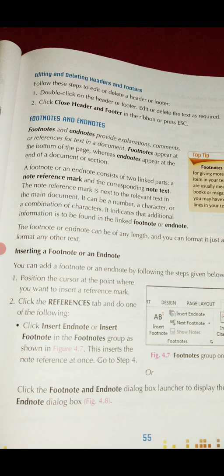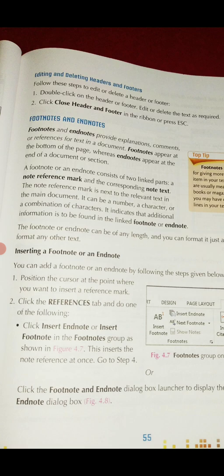Bottom means the downside of our page. And endnotes will appear at the end of a document or section. Okay, you got the difference between footnotes and endnotes. Footnotes will appear at the bottom of a page and endnotes will appear at the end of a document or section. Clear?